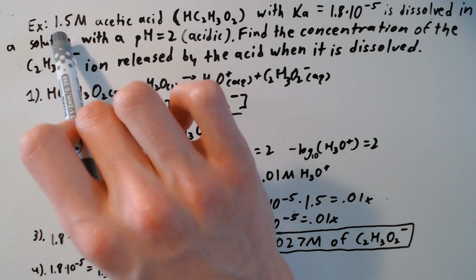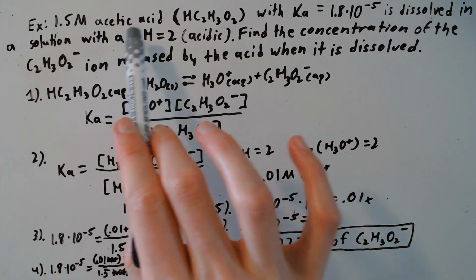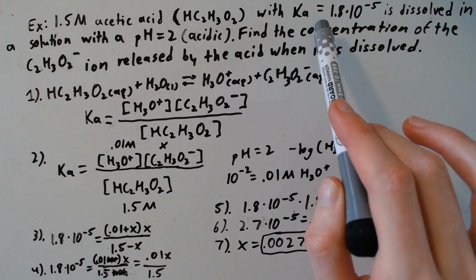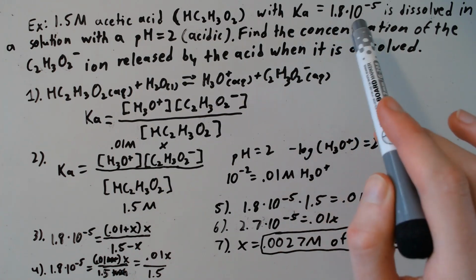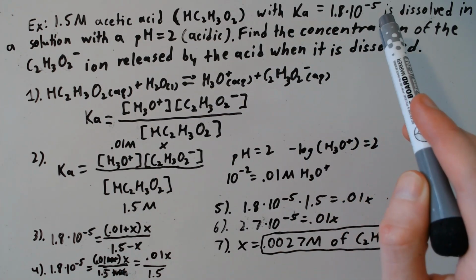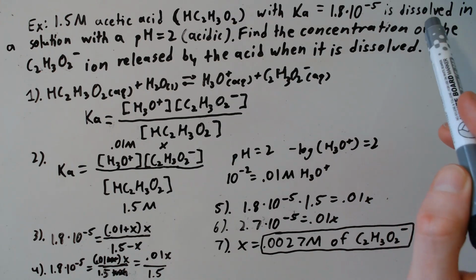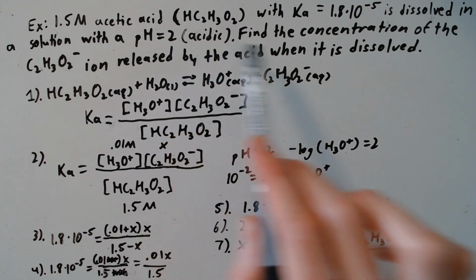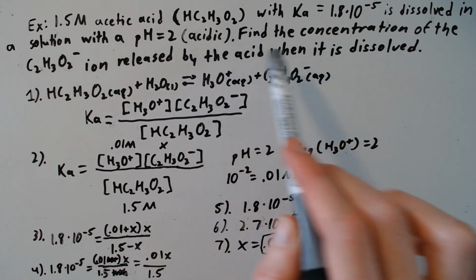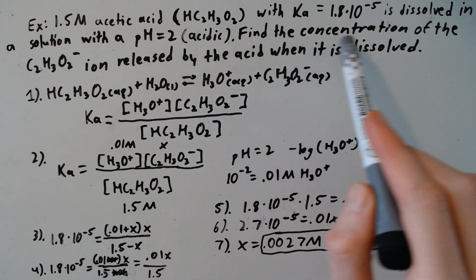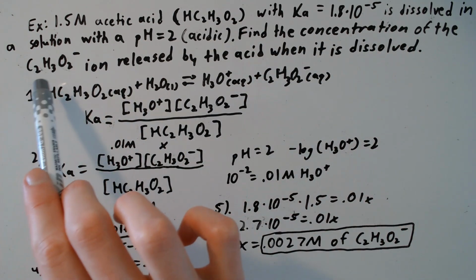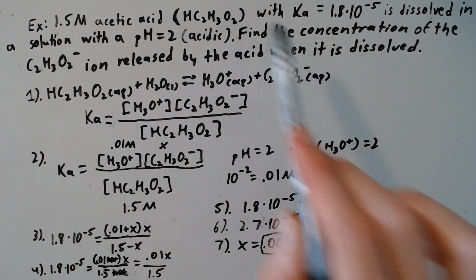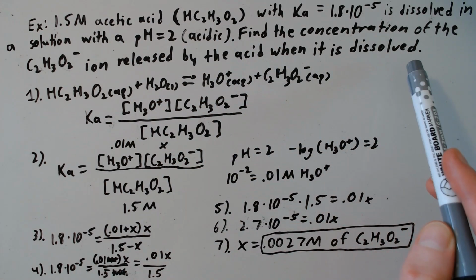We have 1.5 molar of acetic acid, HC2H3O2, with a Ka of 1.8 times 10 to the negative fifth, and this acid is dissolved in a solution with a pH of 2. So this is an acidic solution. We need to find the concentration of the C2H3O2- ion released by the acetic acid when it is dissolved.